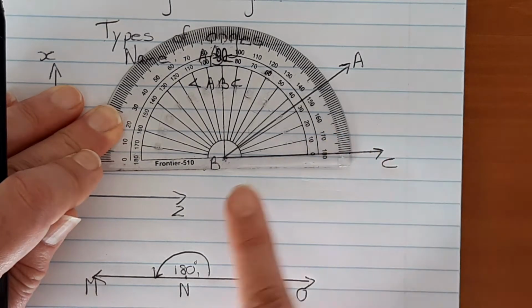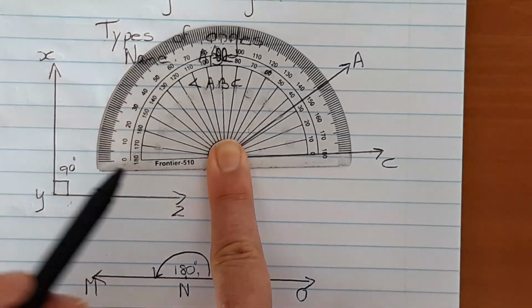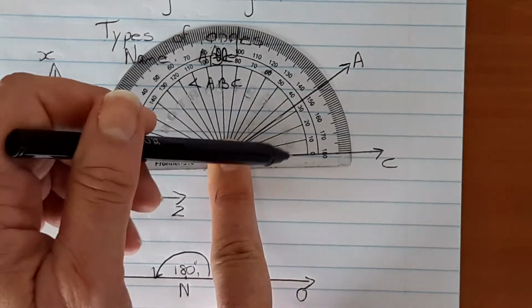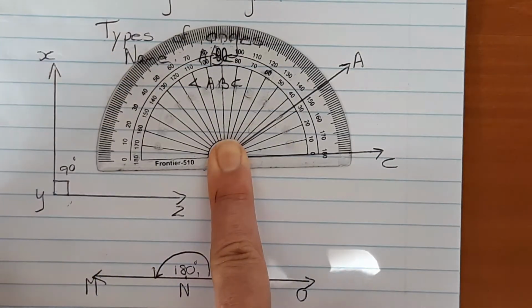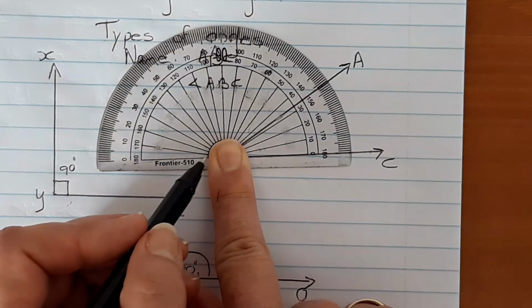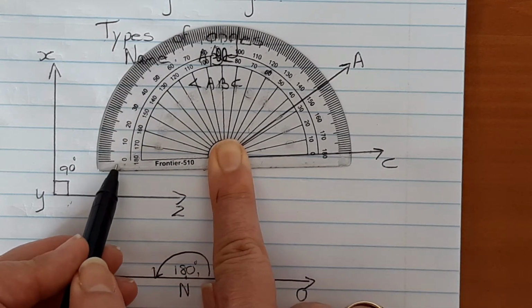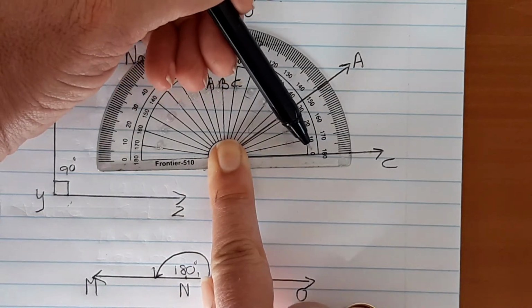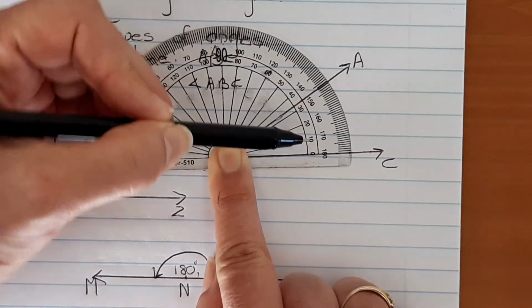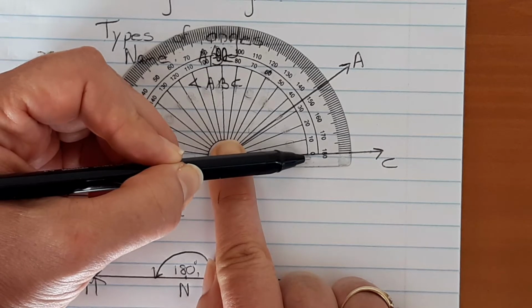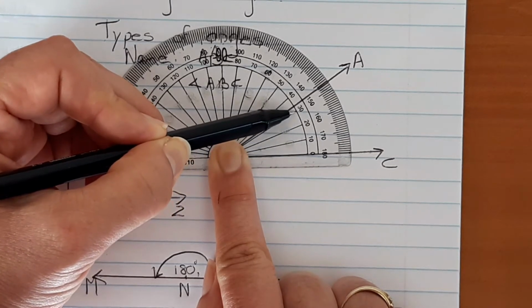Now, I look at the angle. Hold it there. Now, look, where's your 0? The 0 that starts on the line. That's the reading that you're going to use. So, if you look at this one, it's not on the line, so you won't use this 0. But this 0 is on the line, so it's on the inside. So you start from this side, 10, 20, 30.